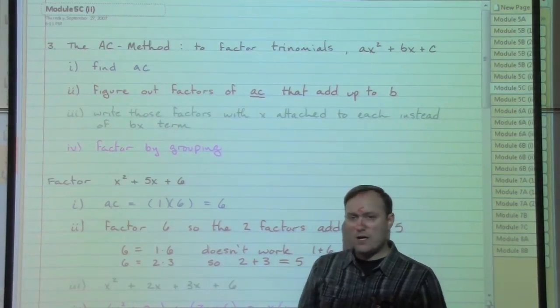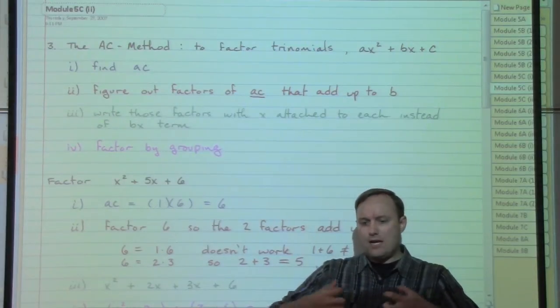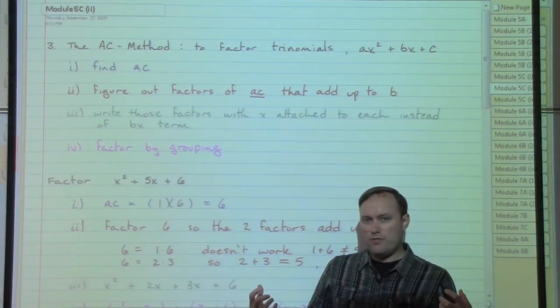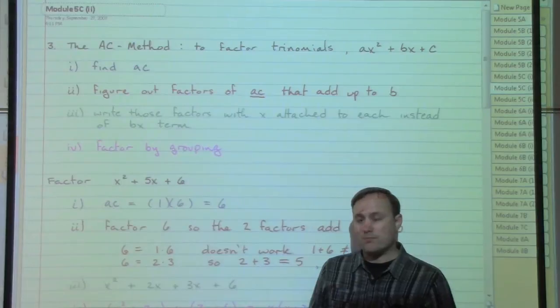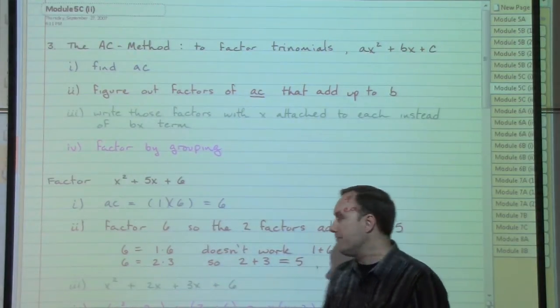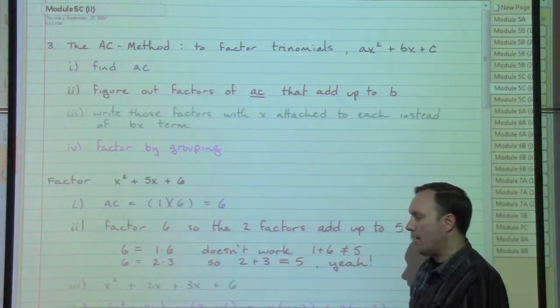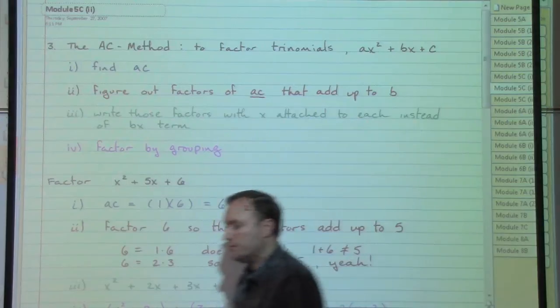So what we've done in these first 3 steps is break things apart from 3 terms into 4 terms. And when we have 4 terms, as we said in the previous video, we can use our grouping method to work out the rest of our answer.